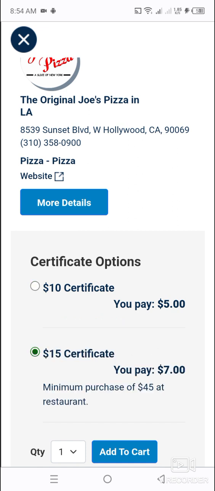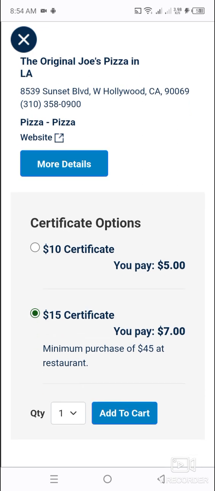For the $15 discount certificate, as you can see there, the minimum purchase or bill of the customer must amount to at least $45 or more. So their total bill has to be 3 times or more the amount of the certificate. For a $15 certificate, their total bill must at least amount to $45 or more. So that's the first condition.